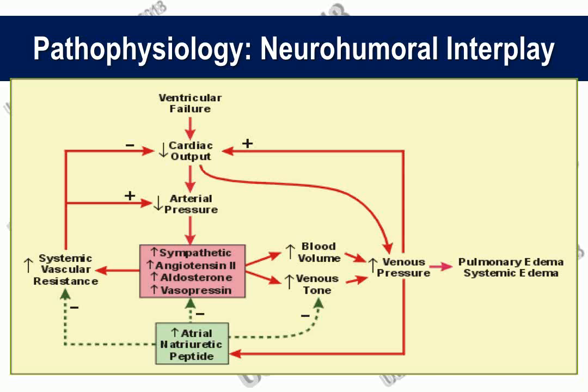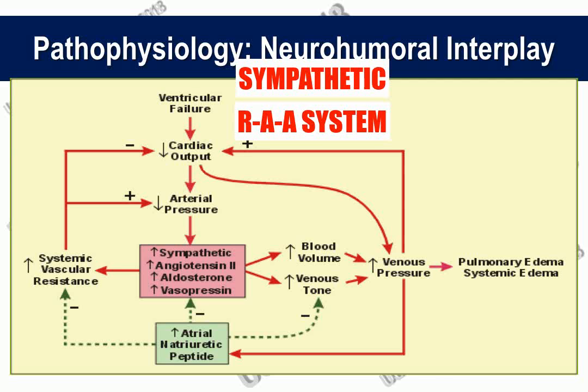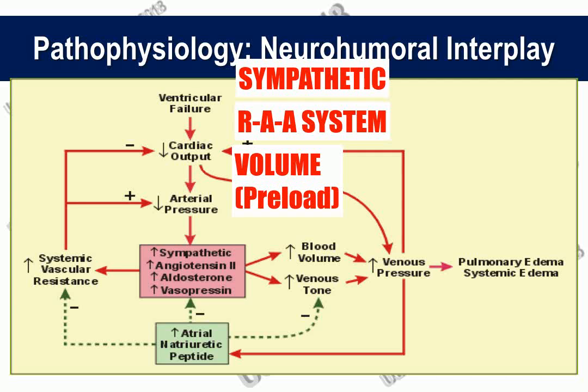So just to simplify these pathophysiologic mechanisms, you involve the sympathetic nervous system. There's also involvement of the renin-angiotensin-aldosterone system. There's the element of volume overload, which contributes to the preload aspect of your cardiac output.